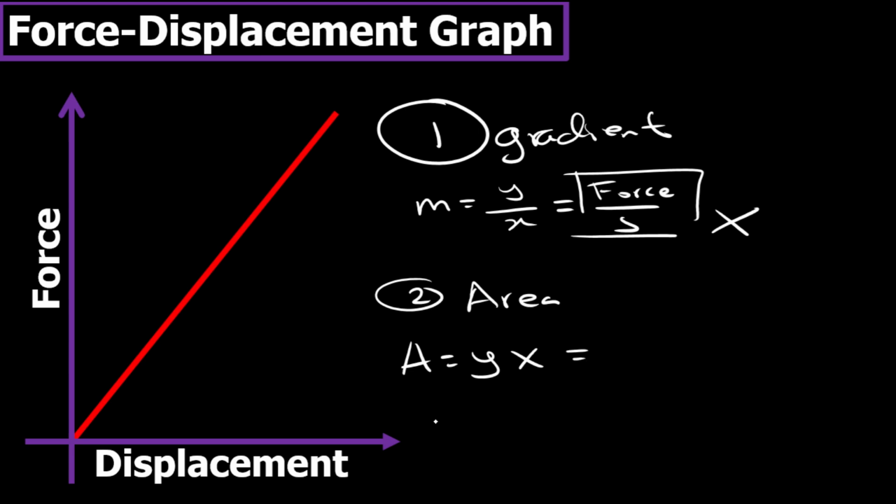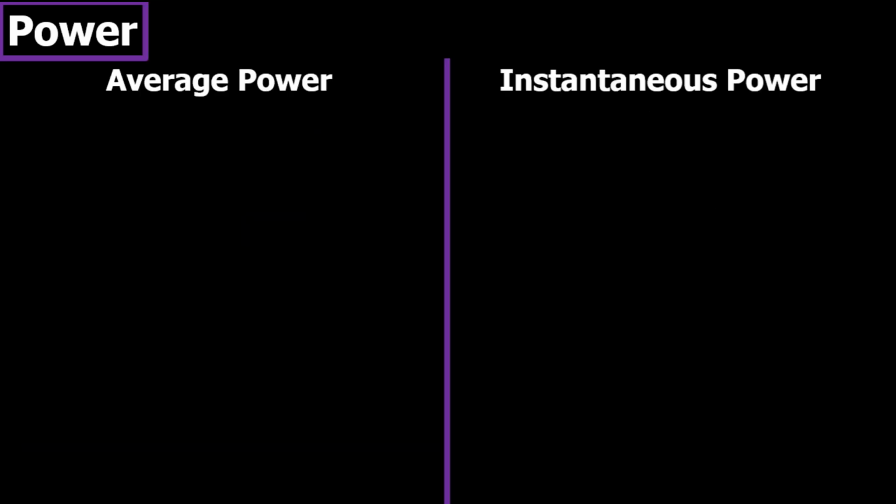And if you refer back to work done, which is just the dot product of F and s, which is multiplication by the end of the day, then this is force times displacement. In the event that the force and the displacement are in the same direction, the area under this graph represents the work done.